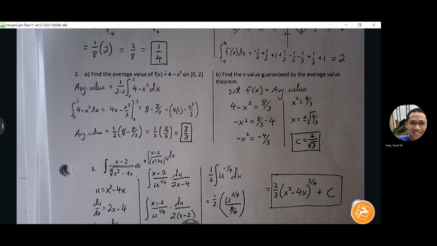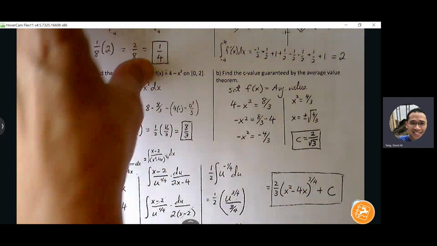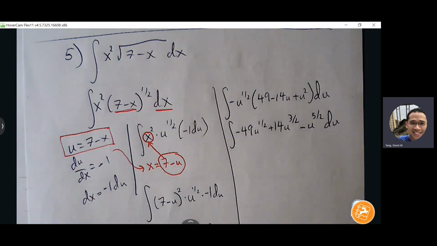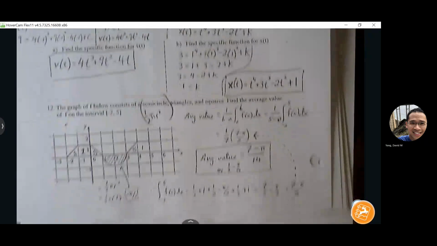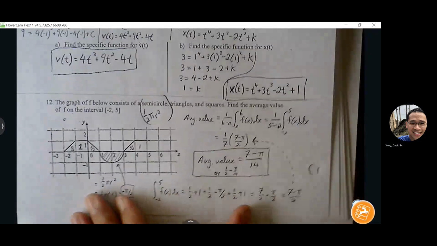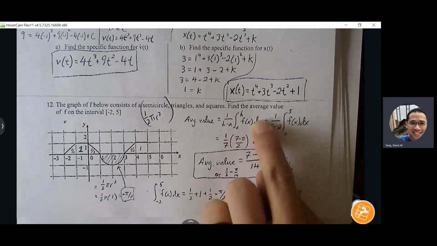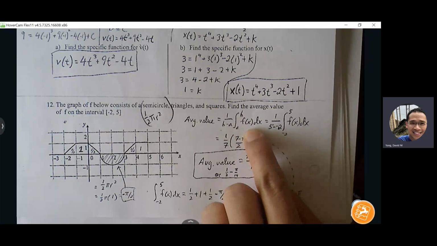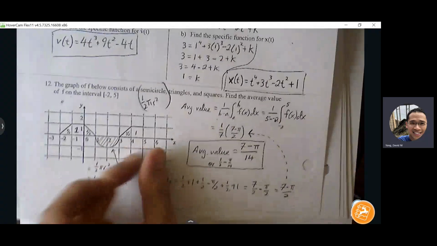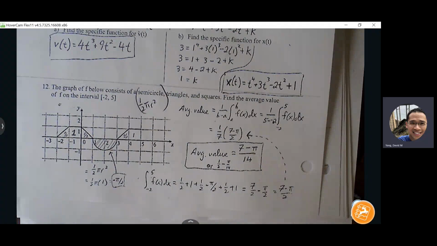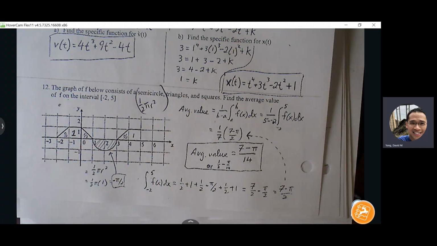Like on number 12. Once you set up the width and everything, how do you know what the next step is? Are you talking about this number 12? This one here. So the integral from a to b of f of x, that's the area, right? I have this graph in front of me, so I can just add up the area using geometric shapes.